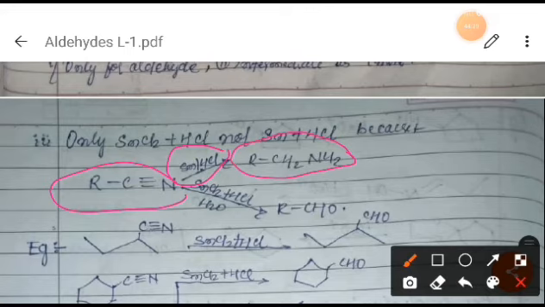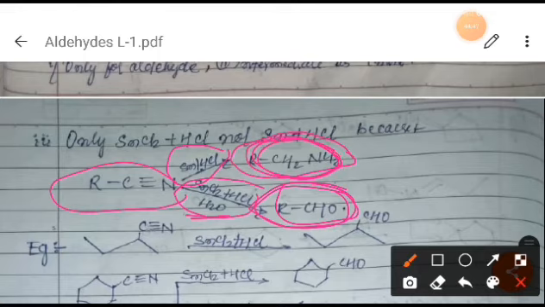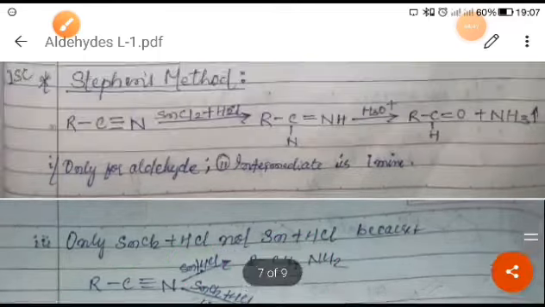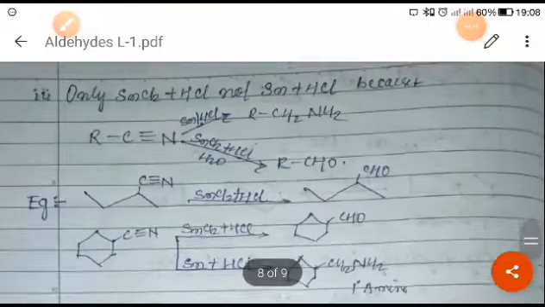But when you use SnCl2 and HCl in the presence of H2O, only then do we get aldehyde. I hope you have understood this. If we take SnCl2, only then will we get aldehyde; otherwise we will get this. So this was the third important criterion about Stephen's method.